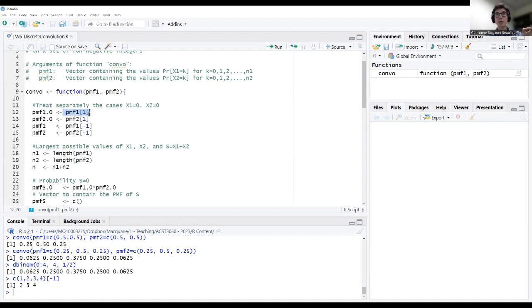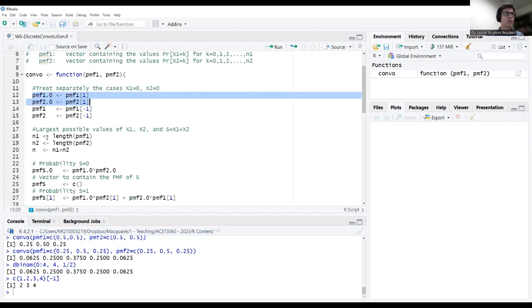PMF1, the first element of the vector, as declared here, is the probability to be 0, not 1. And I want PMF1[1] to be the probability to be 1. This explains the little step I'm doing here. I hope this was not more confusing than necessary.